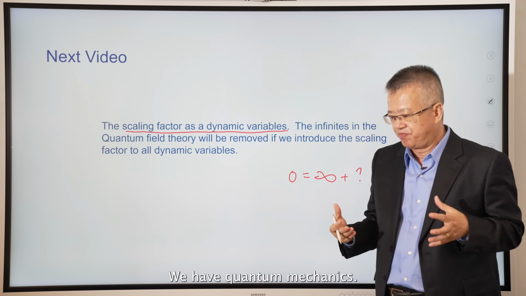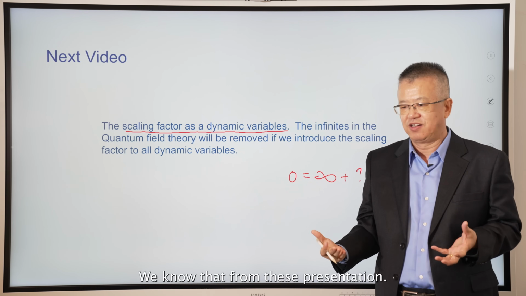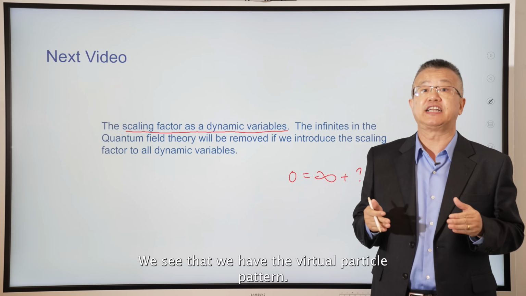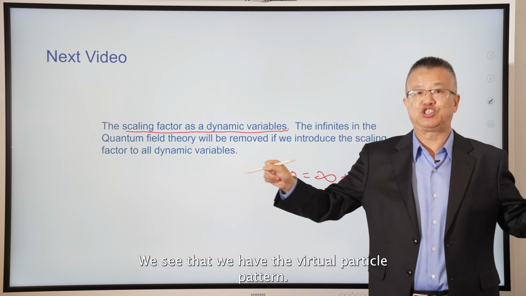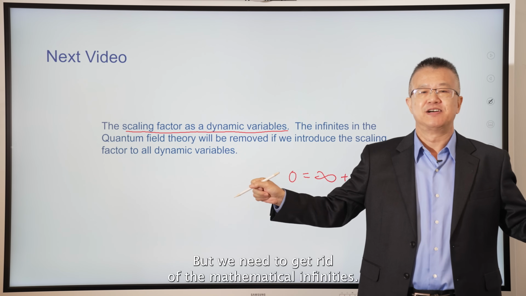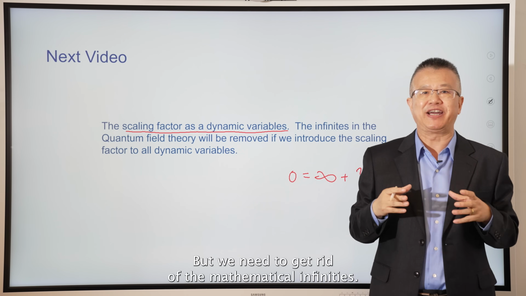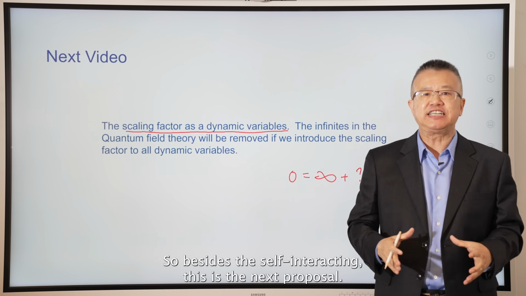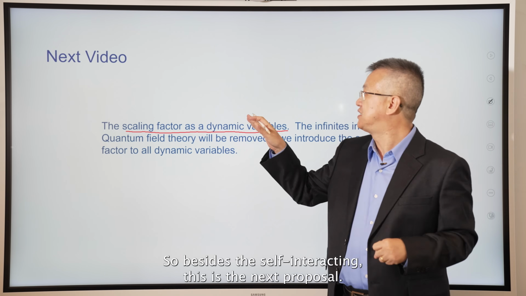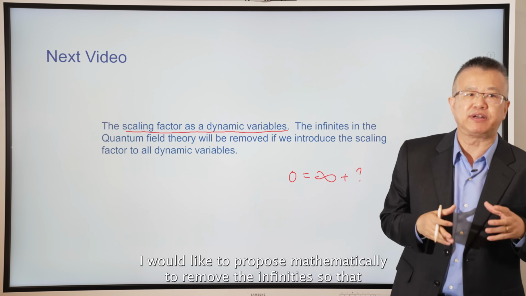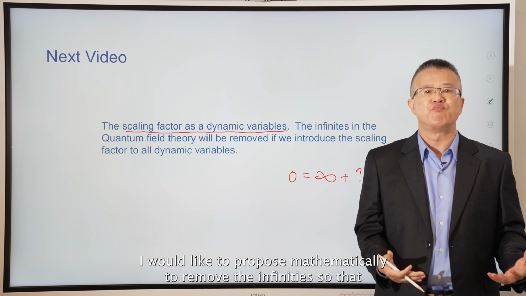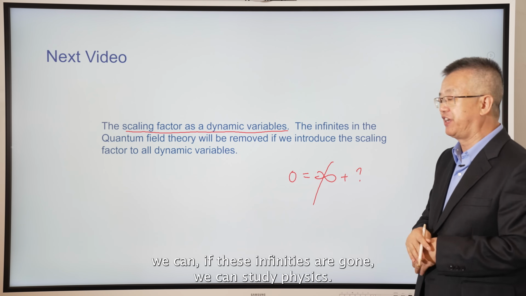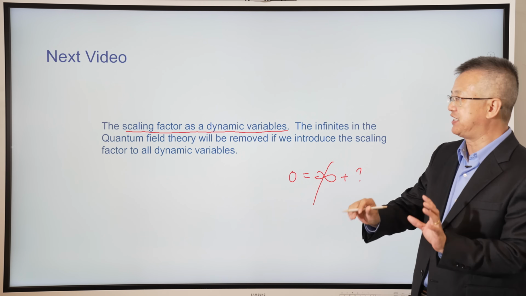We have quantum mechanics, okay? We know from this presentation that we have the virtual particle pattern, okay? But we need to get rid of the mathematical infinities. How do we do that? Besides the self-interaction, this is the next proposal I would like to make, mathematically, to remove the infinities, so that if this infinity is gone, we can study physics.